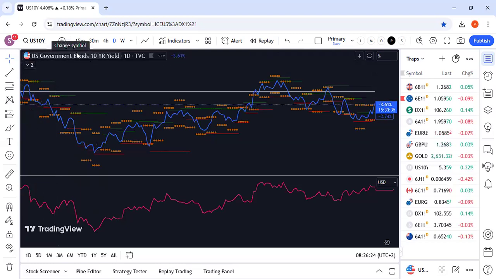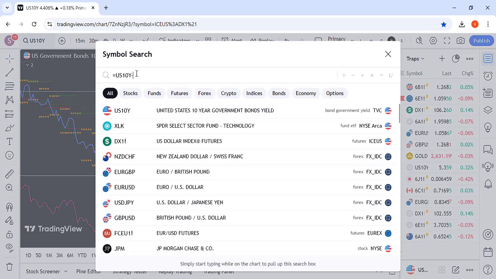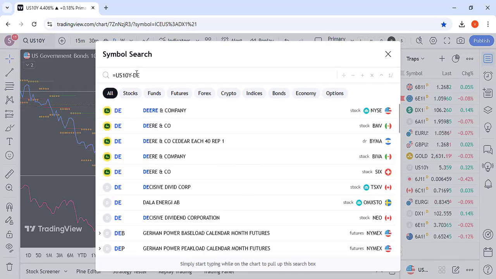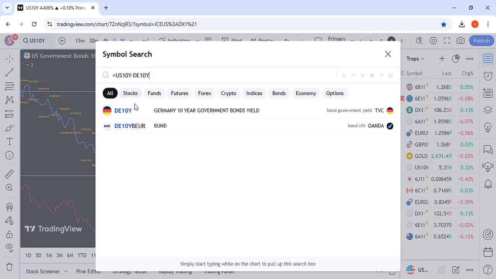Now I'm going to change this from just a 10-year treasury bill, and I'm going to compare it to, so we're going to use equal to, and we're going to compare this to the German 10-year treasury yield, because that is what we have for the euro area.